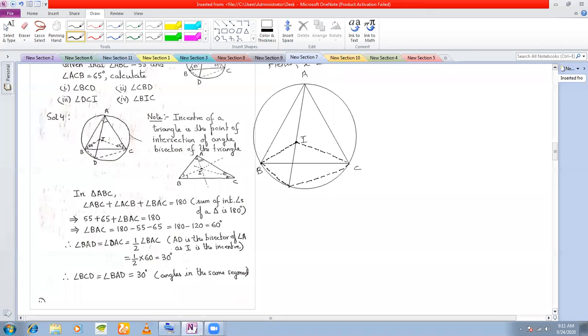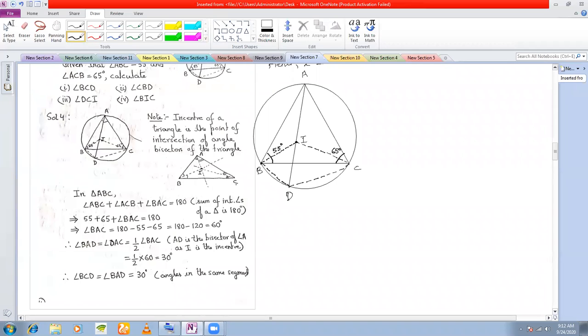So if you are seeing the screen, you could read and tell me what is an in center. So this is your figure, okay? Now, in center of a triangle is the point of intersection of the angle bisectors of the triangle. Just as I have explained here.